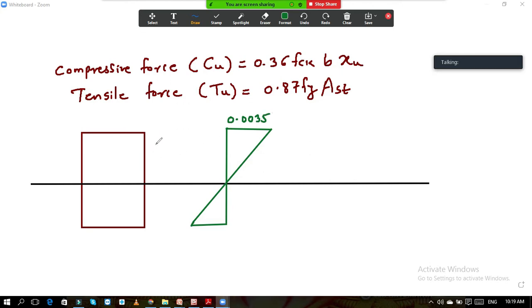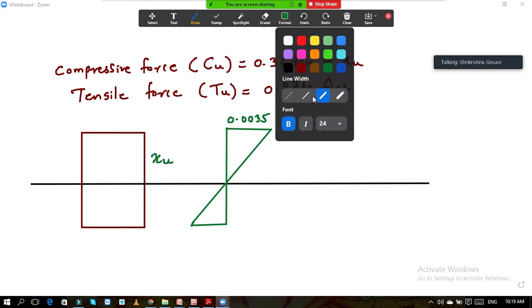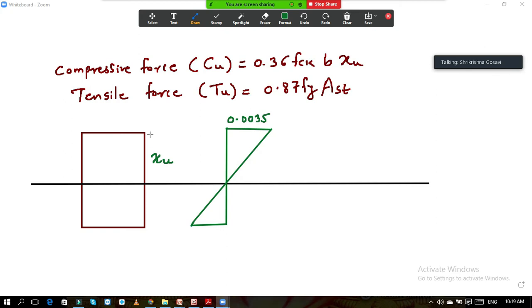Okay. The depth of the neutral axis, notation for depth of the neutral axis is XU, and the maximum depth of neutral axis is denoted by XU limiting. Okay, remember this. Maximum depth of neutral axis is XU limiting. So this is XU. This is the depth of neutral axis from topmost fiber.